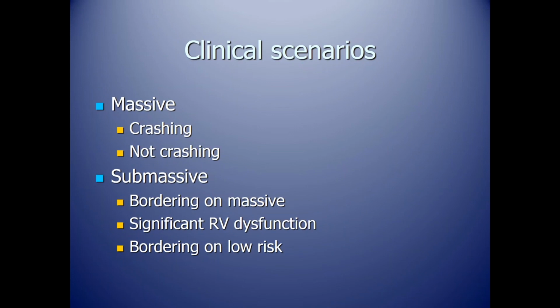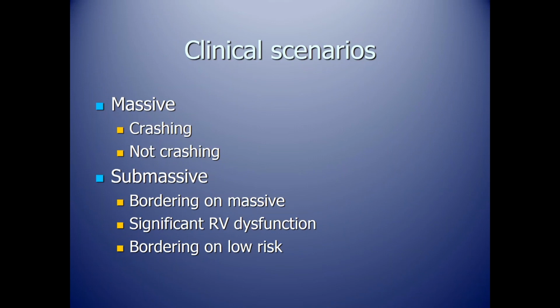And then submassive PE patients are those who are really just teetering on massive, that by all the AHA criteria, they're in the submassive or intermediate risk group, but they're normotensive. Or they have significant RV dysfunction, and they're not necessarily teetering. They may be totally normotensive, but they have a significant amount of RV dysfunction.